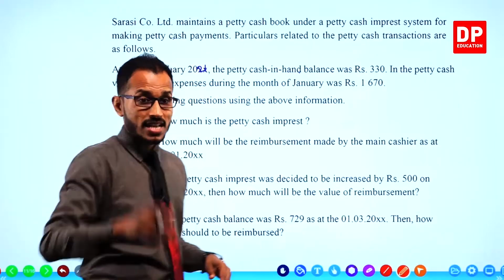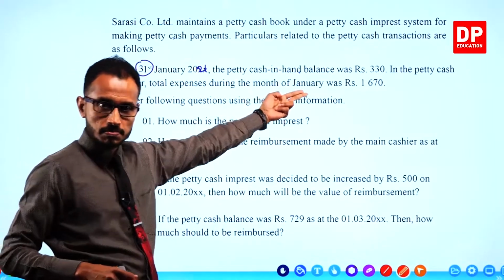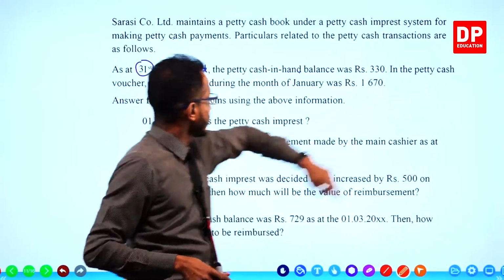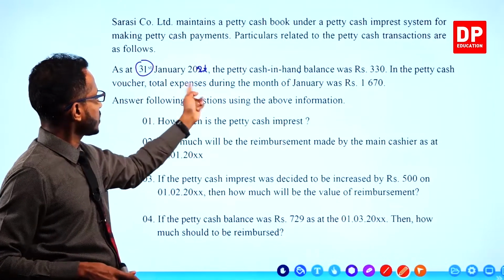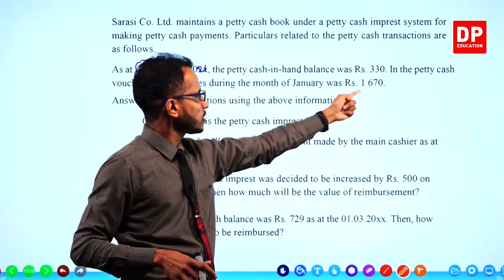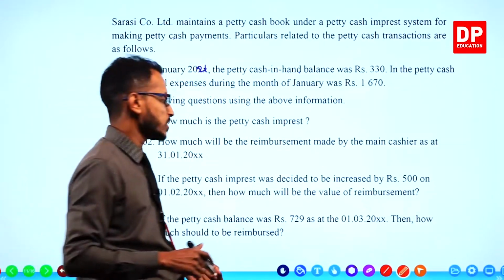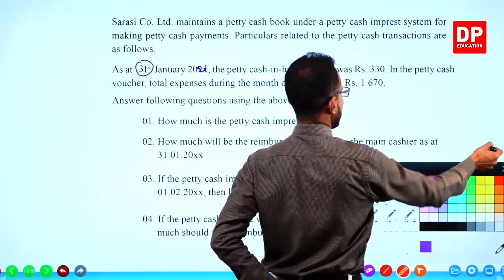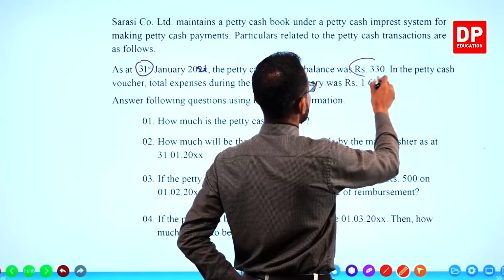That is the petty cash balance as at the end of the month. 330 was remaining, which was not spent. In the petty cash voucher, total expenses during the month, 1,670. That's the important information. We have a balance of 330.